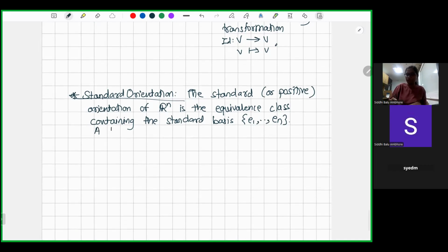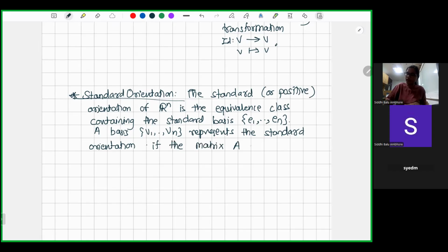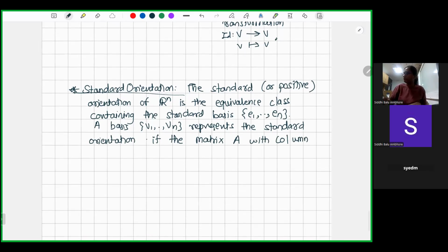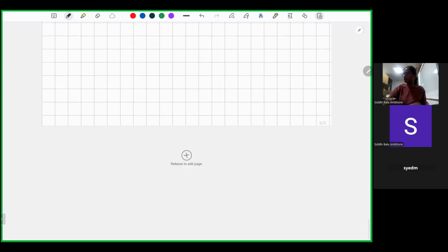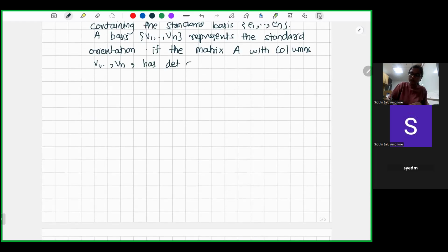So in general, a basis V1 to Vn represents the standard orientation if the matrix A with columns V1 to Vn, and we are in Rn, so all the vectors are rows or columns, whatever you want to look at them as, but we know it is an n-tuple, has determinant of A positive.